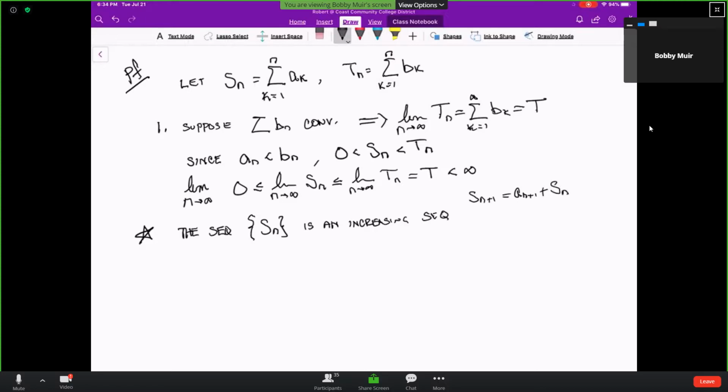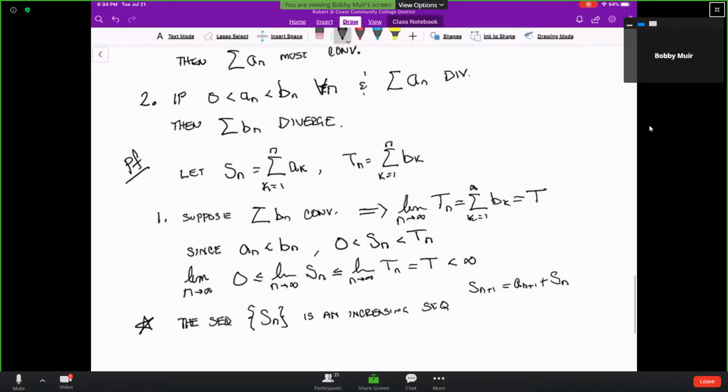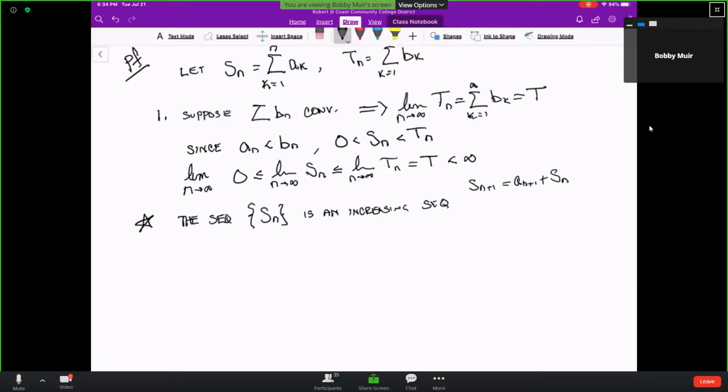Since we're assuming that everything is positive, back up here, we see that Sn is increasing. Also, the sequence Sn is bounded above by this number t.